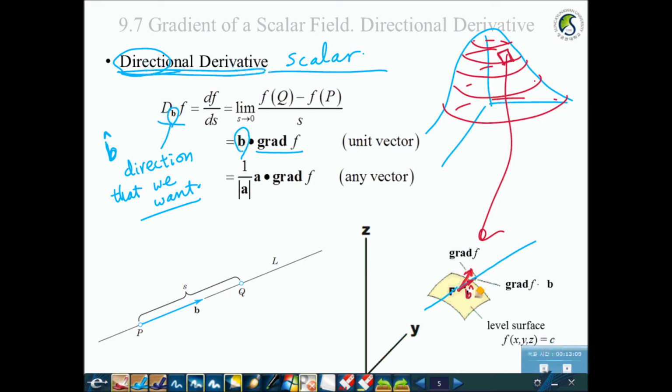Then what is the effectiveness of this gradient f in that direction? That is this: the inner product, the dot product.